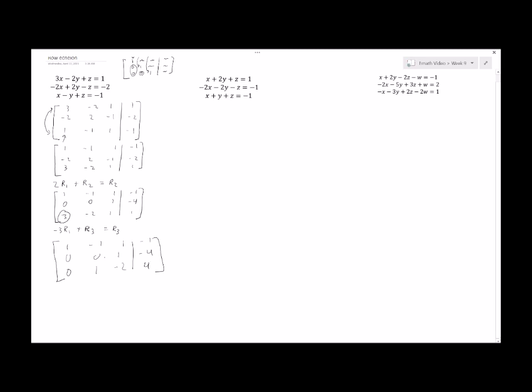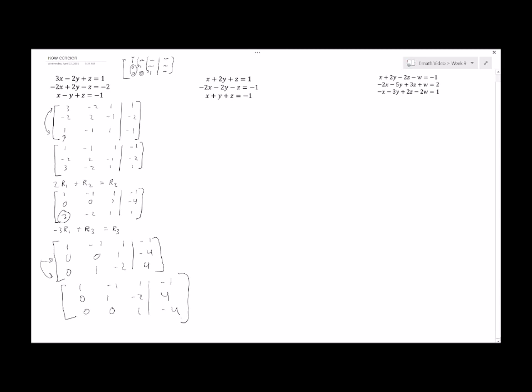So now, as you can see, it's pretty much row echelon. It's just that if we switch 2 and 3, we're going to be in row echelon form. So 1, -1, 1, -1, 0, 1, -2, 4, and 0, 0, 1, -4.